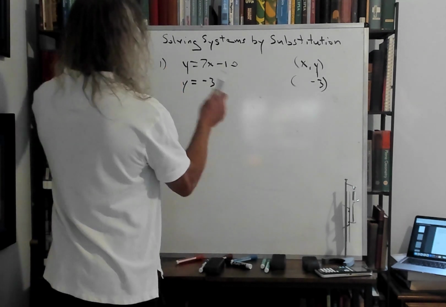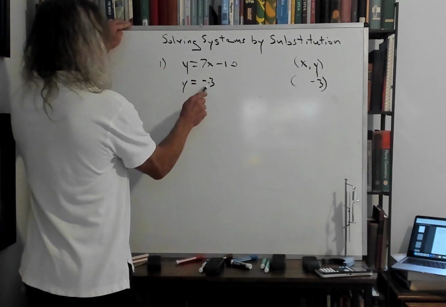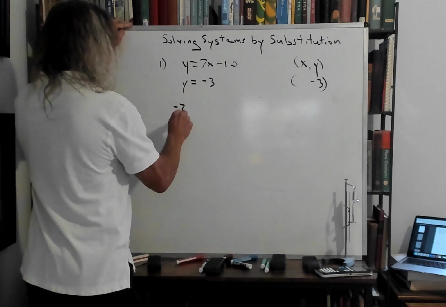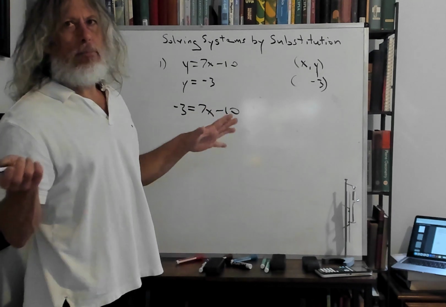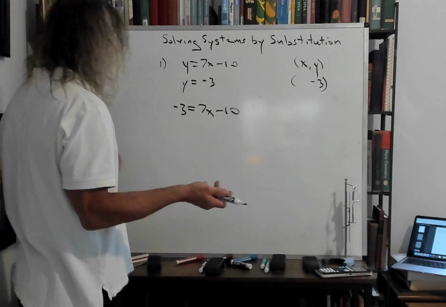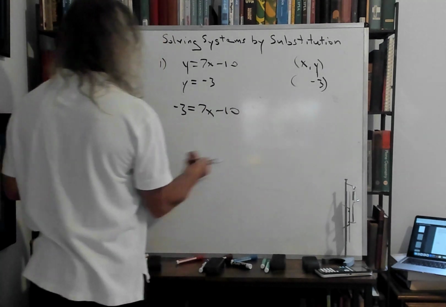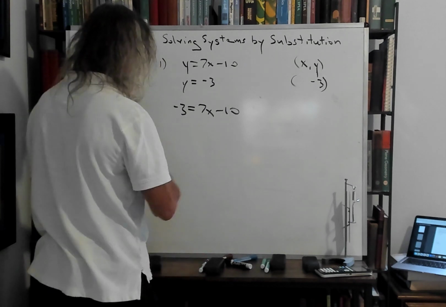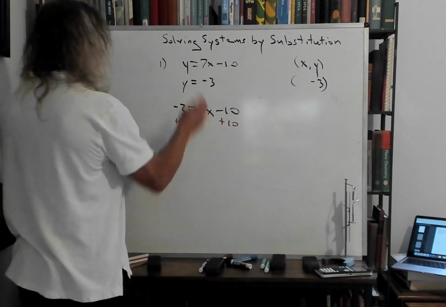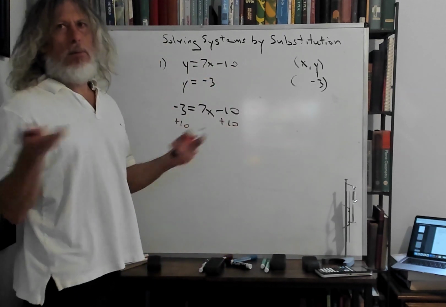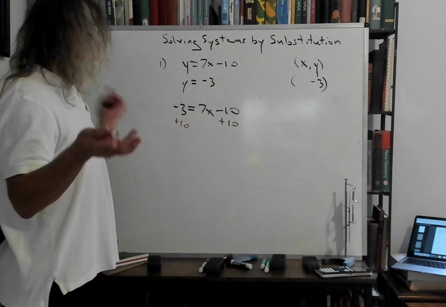So if we put this in place of this, y is negative 3. So we got that. Now we solve for x. So add 10 to each side, because we've turned all this stuff into one equation, which we know how to do.